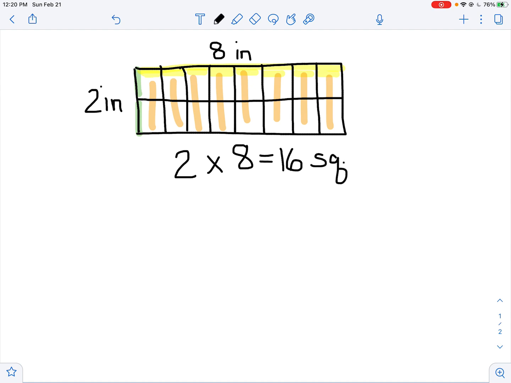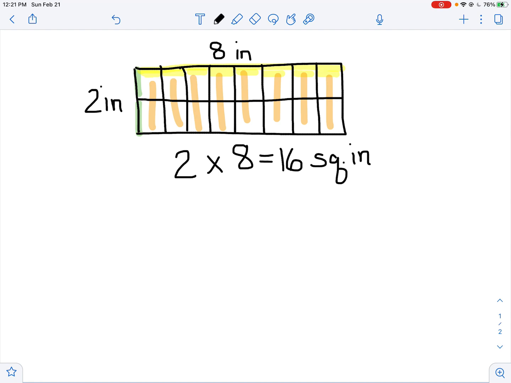And in this case, we're talking about square inches because I labeled each side as 2 inches or 8 inches. So the inches is how long the sides are. The square inches is how many squares of those sizes would fit inside and cover the area of the rectangle.